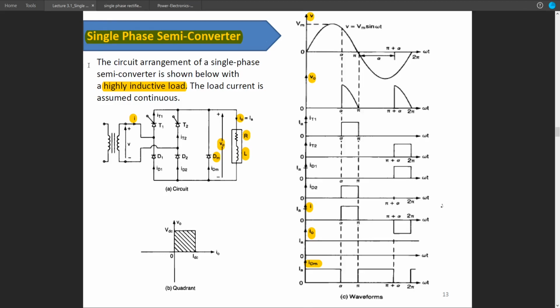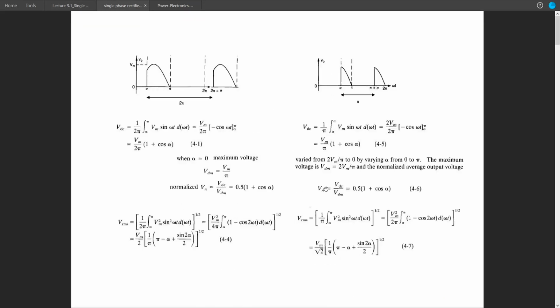Again, for this circuit, we can also derive the RMS voltage and DC voltage from this curve. If we go back to our first diagram, this will be like that, and the gap between two consecutive patterns is pi.